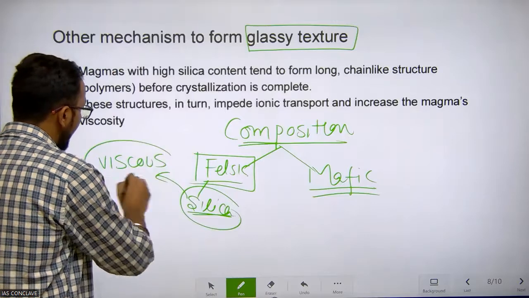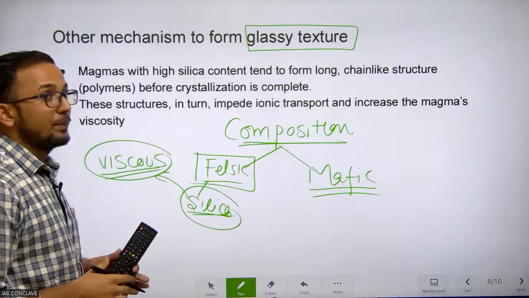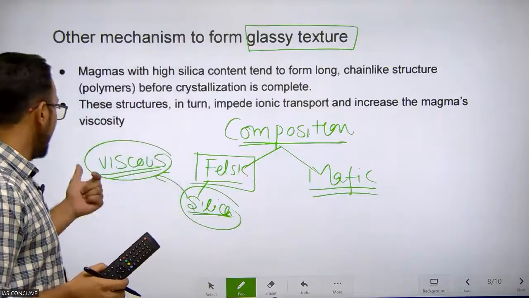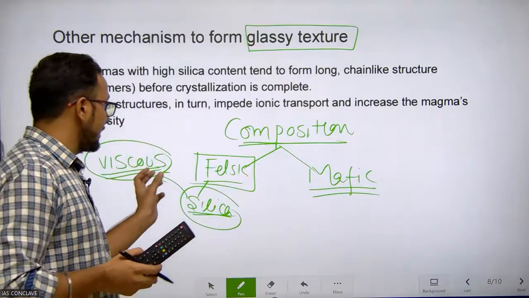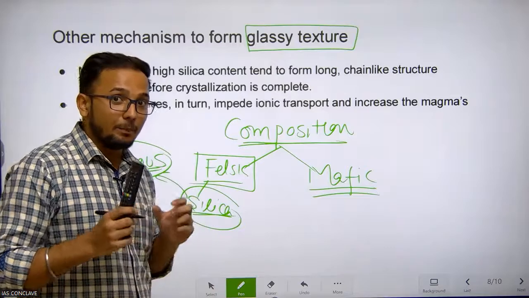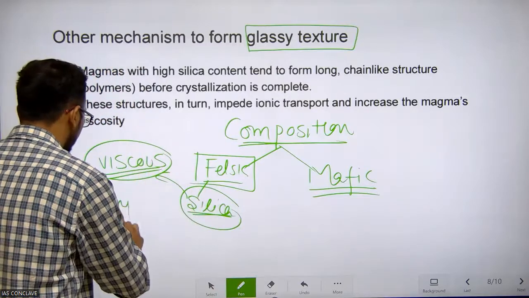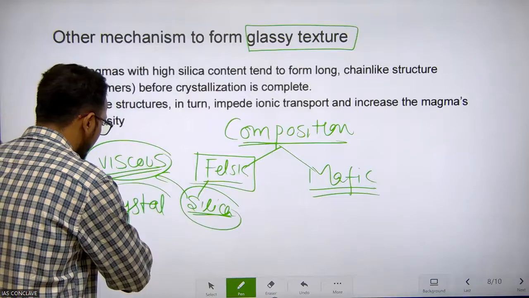If the magma is highly viscous, it impedes the movement of ions within the magma, which prevents the formation of crystals. So no crystals form.